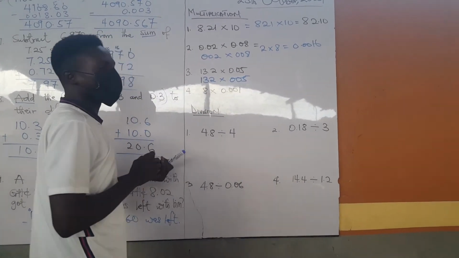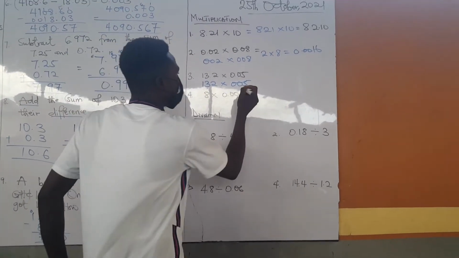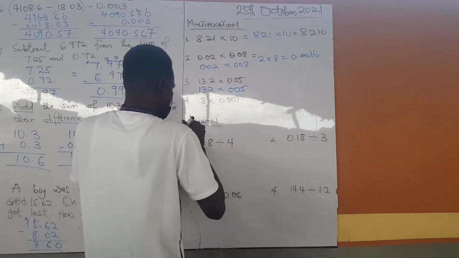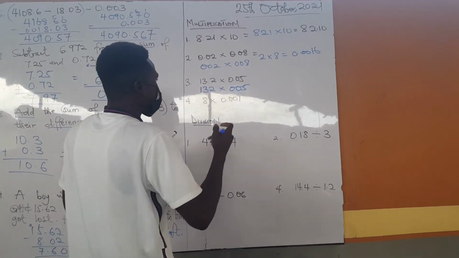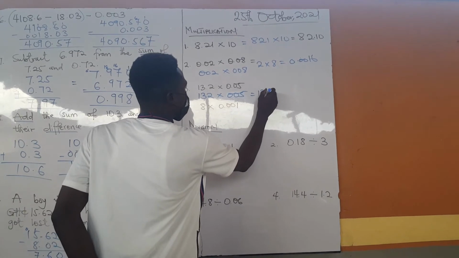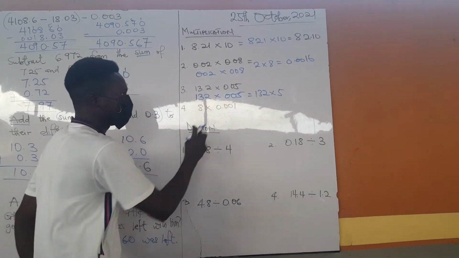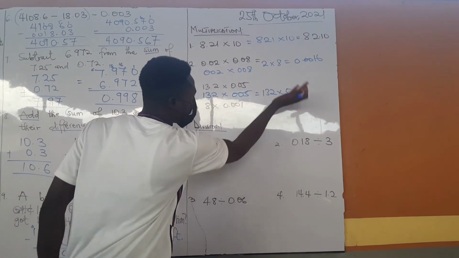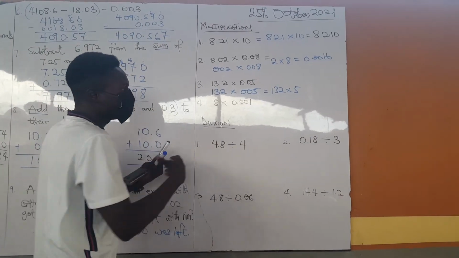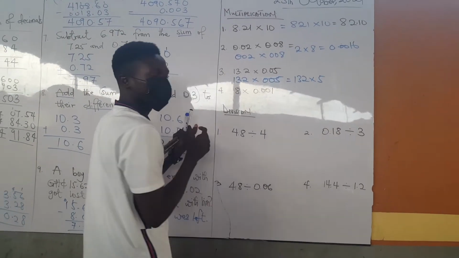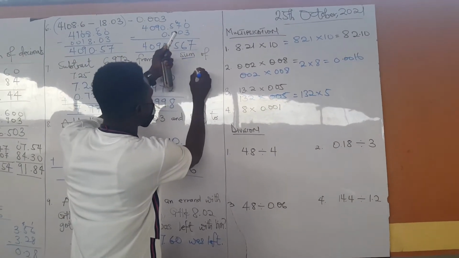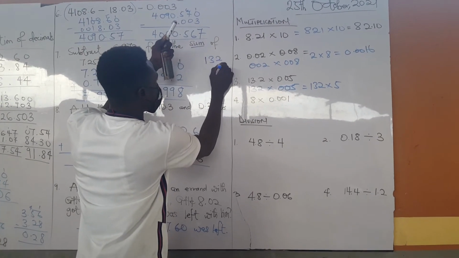This 005 is the same as 5. If I take off the 0s, it's the same as 5. So to perform the multiplication for this, 132 times 5.